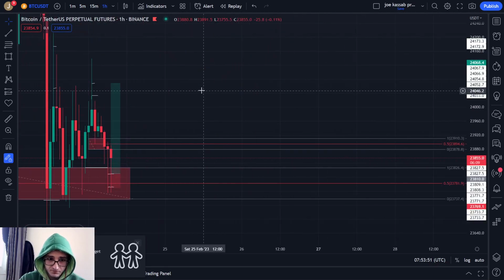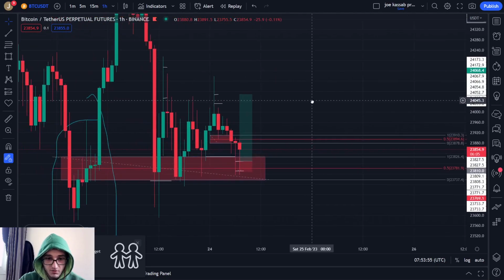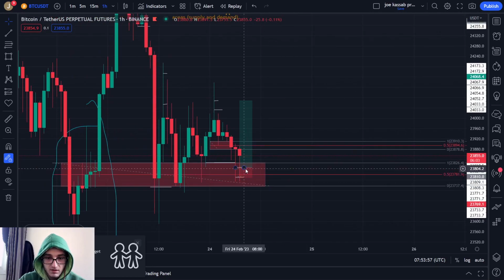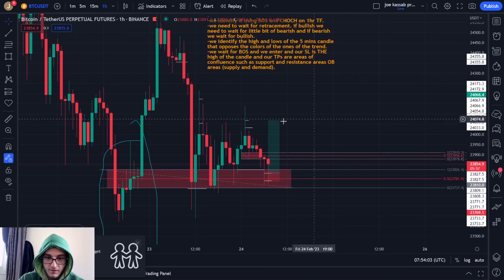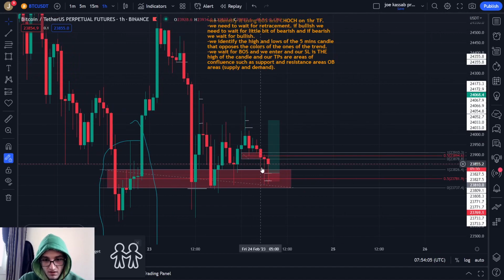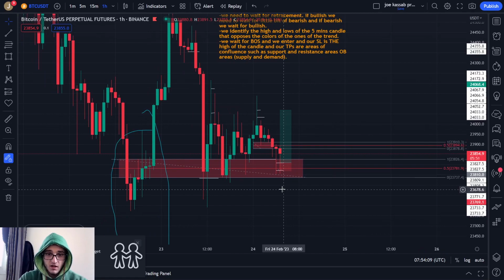So the probability to hit these areas is smaller than the probability to get from this area to this area, okay, because we are in a bearish market.